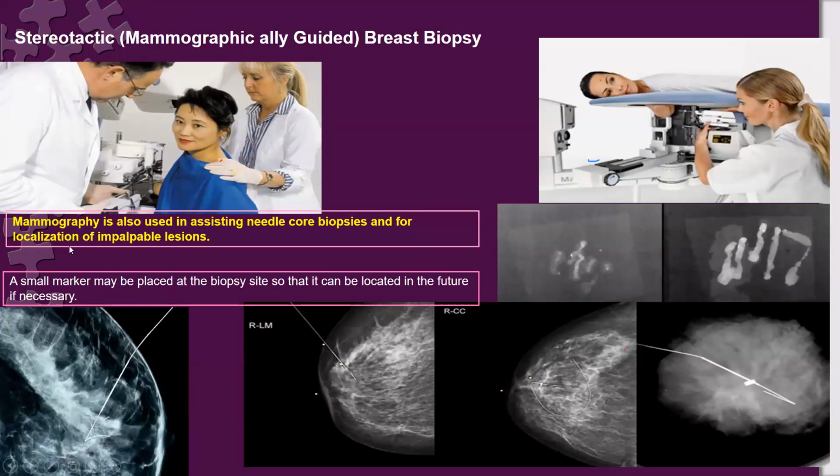So mammography can assist for needle core biopsy and wire localization for presurgical assistance. And here you can see this is the wire, and this is the wire in the center of the specimen. And this is the specimen, which contains calcifications.